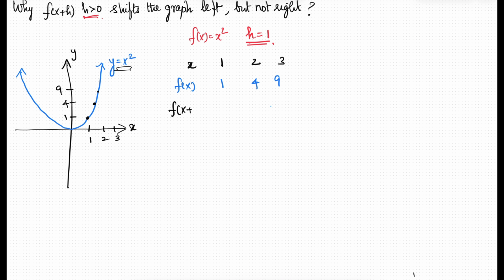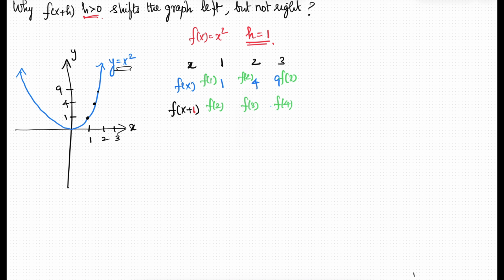Alright. So when we take f of x plus 1, what will happen is, here I am getting f of 1. This one is f of 1's value, this is f of 2's value, this one is f of 3's value. Here when I write f of x plus 1, I am going to write f of 2, f of 2 plus 1 would be f of 3 and f of 3 plus 1 would be f of 4.